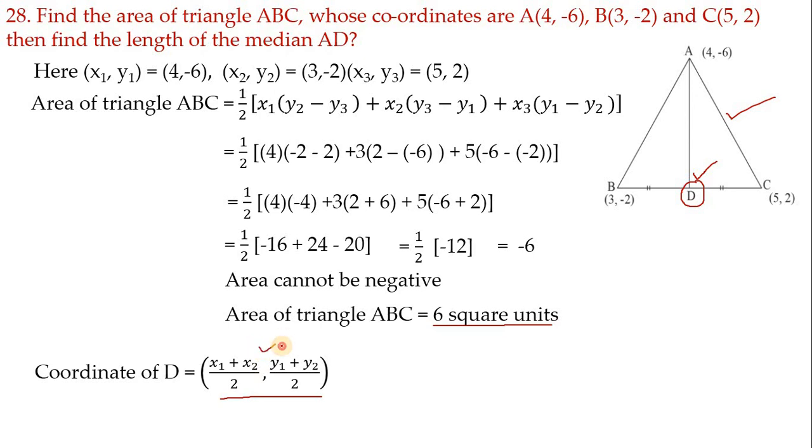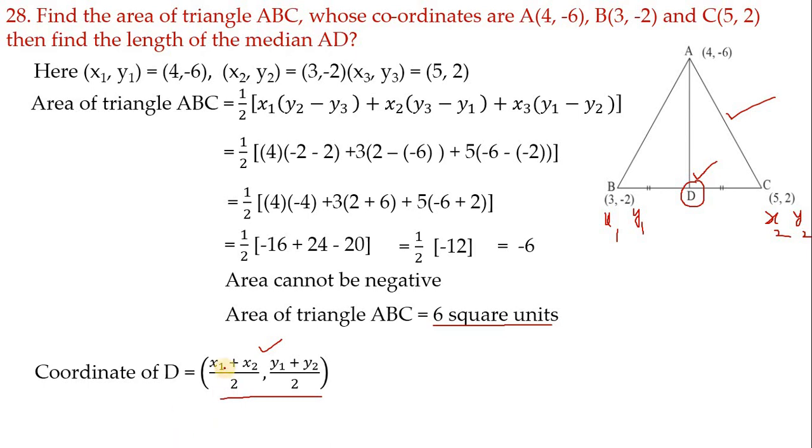In that case we use (x1 plus x2) by 2, (y1 plus y2) by 2. Now this is x1, children. This is x1 and this is y1. This is x2 and this is y2.